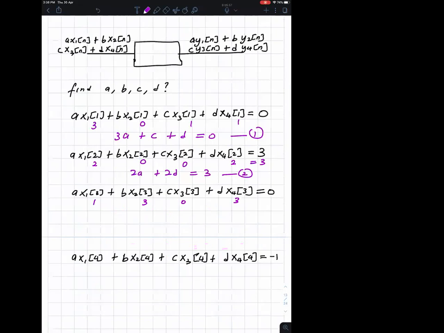So it's going to be then A plus 3B plus 3D is equal to 0.